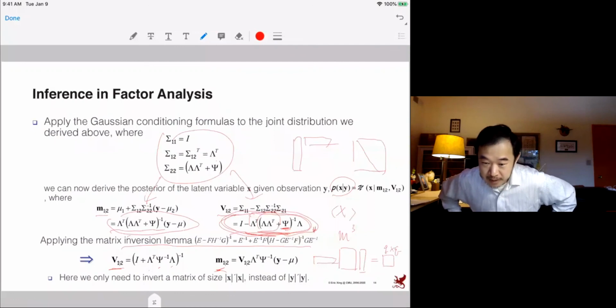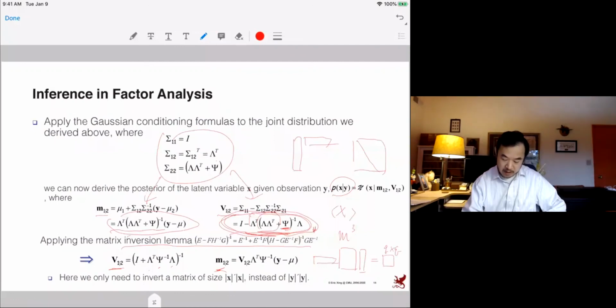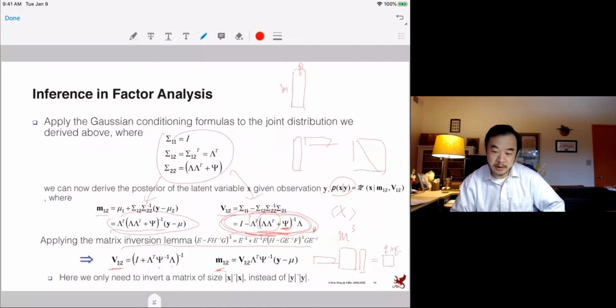Remember, lambda is my loading matrix, which is of size m times q. That's why it's called the loading matrix. It transforms from m dimensional data to q dimensional data, right? So that's the key trick.